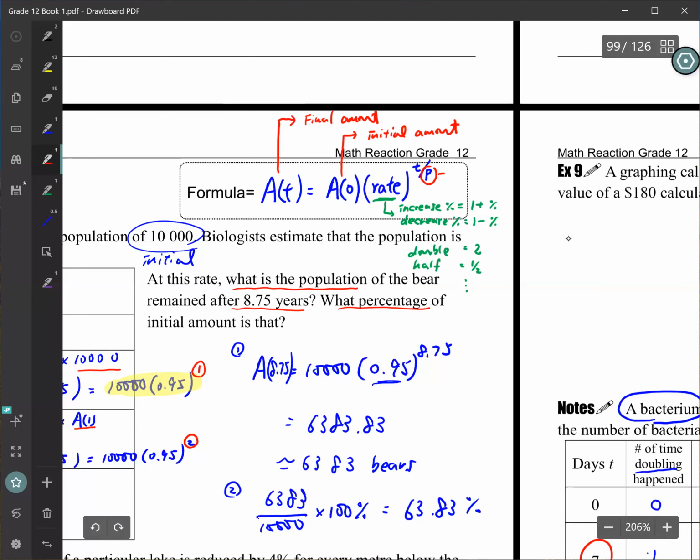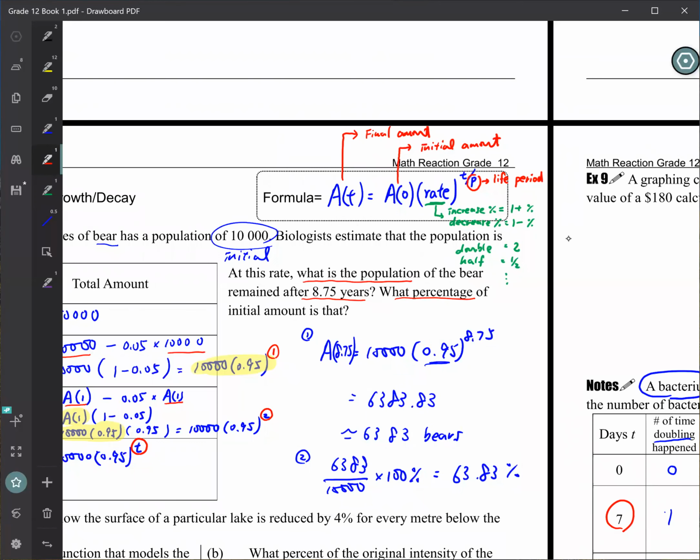And then finally we have the P. Right? P is called the period, or we call that the life period. Okay, let's put the life period, the meaning, on the side here. Because that one is more important. A little bit more confusing than compared to other ones.